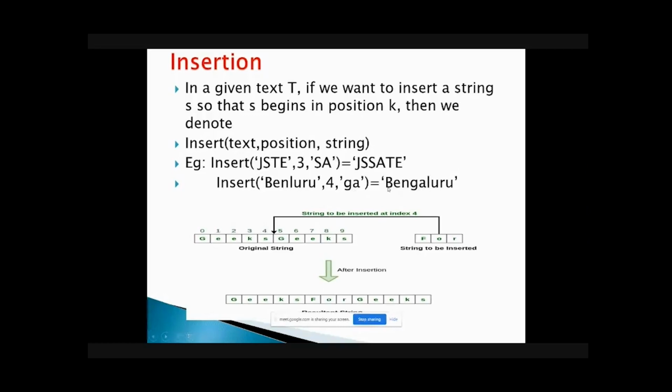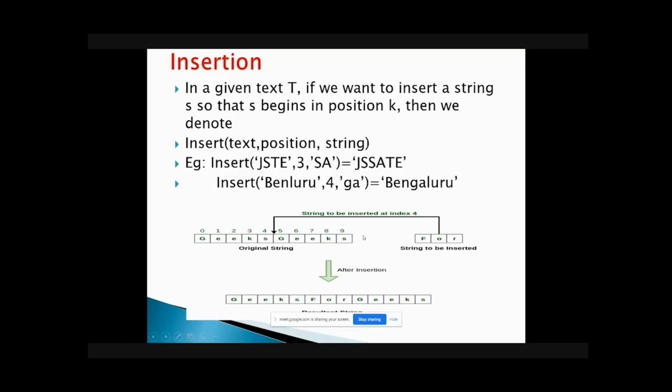So after inserting, you have to shift all the characters towards the right. GA should be inserted at the fourth position, and all the characters towards the right of the position should shift right. It is like inserting an element into an array, which we already saw with integer data. Here we are doing it with characters. That is what we call insertion.